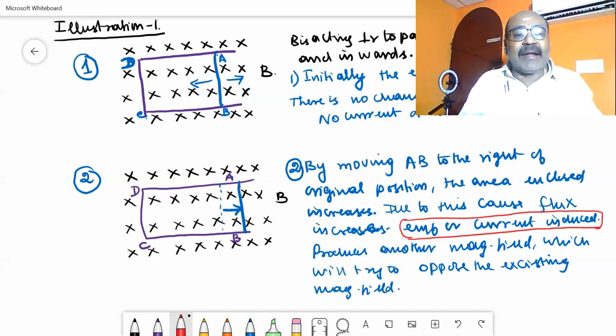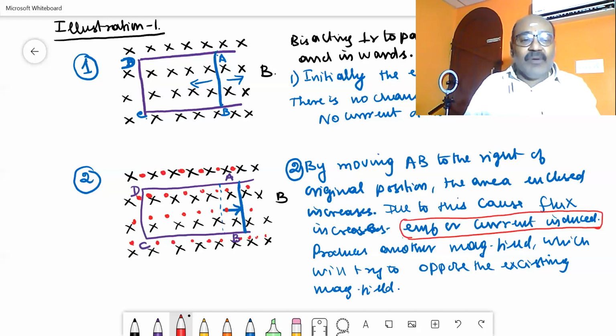So the new magnetic field produced is represented by the red dots. If I am marking the new magnetic field with the red dots, it means the red dots are indicating the magnetic field is acting perpendicular to the paper and outwards. Are you able to understand?